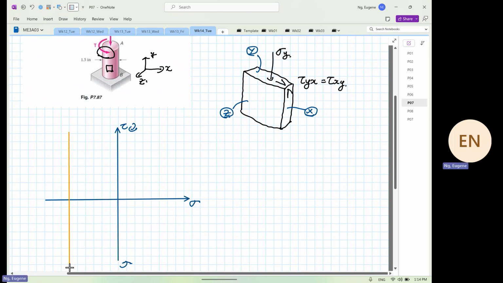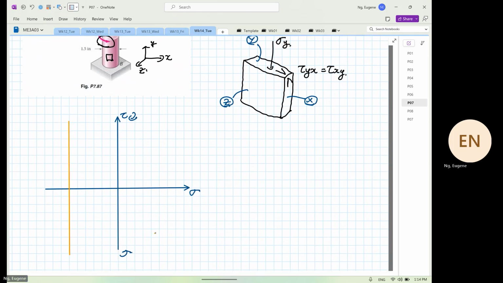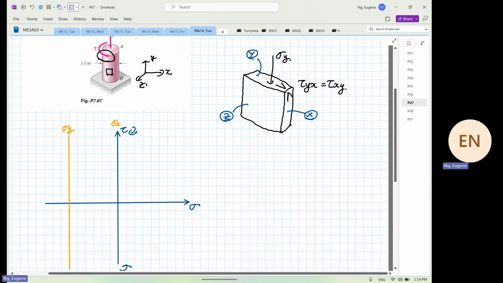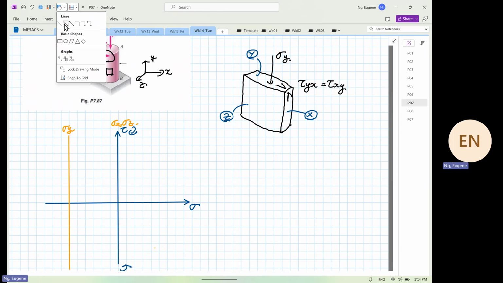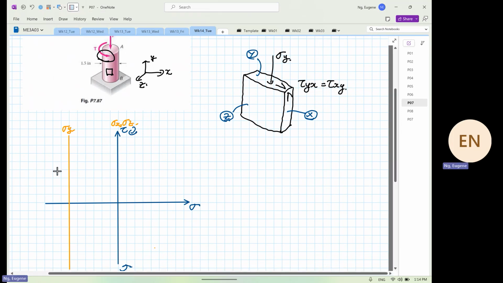So this is your normal stress Y. And we know that at zero normal stress, this is our stress X and our stress Z line. And then we have to sketch our shear. This is just a sketch.